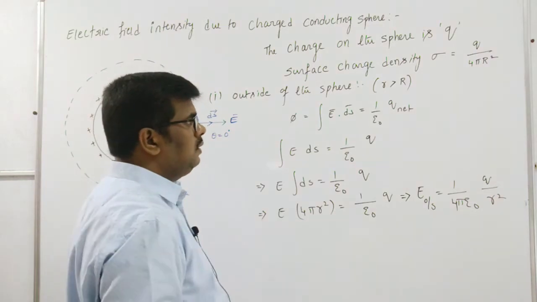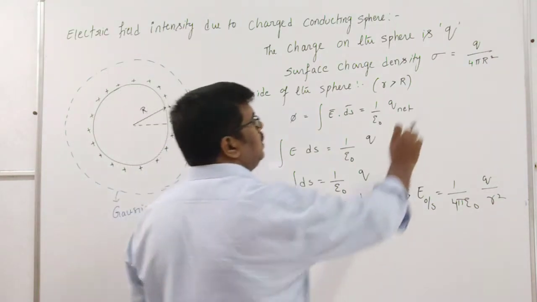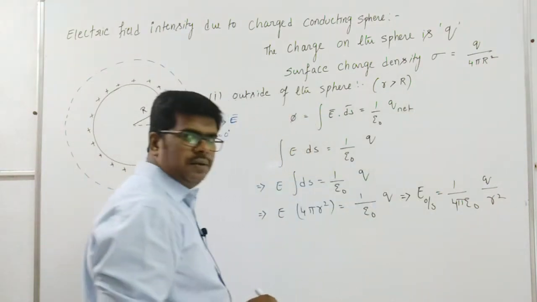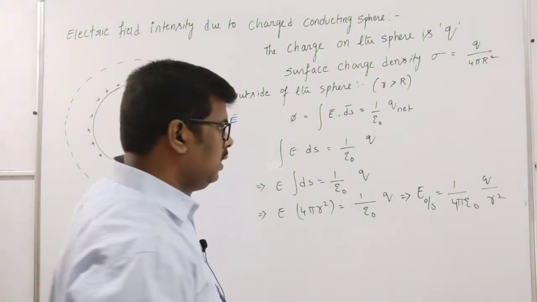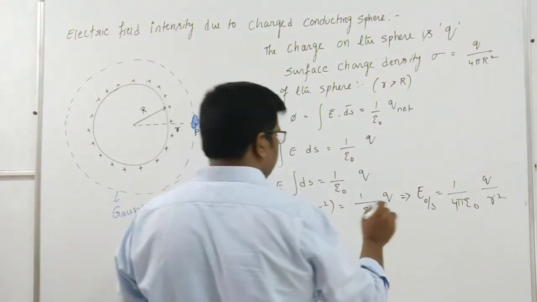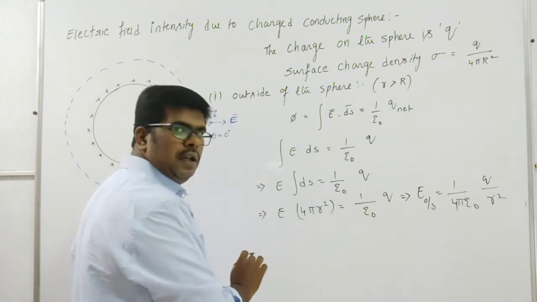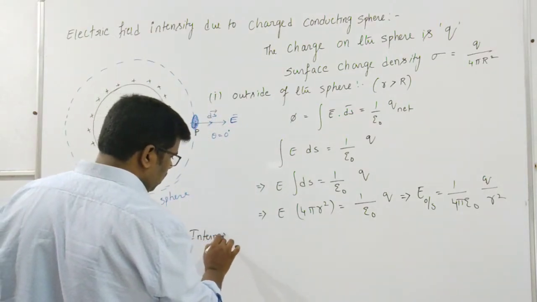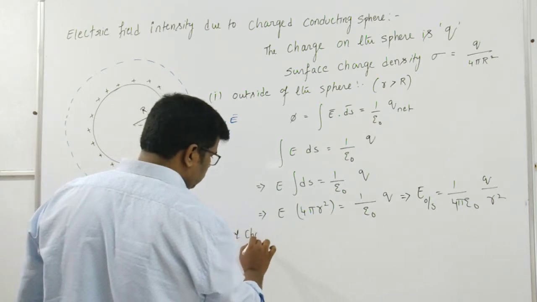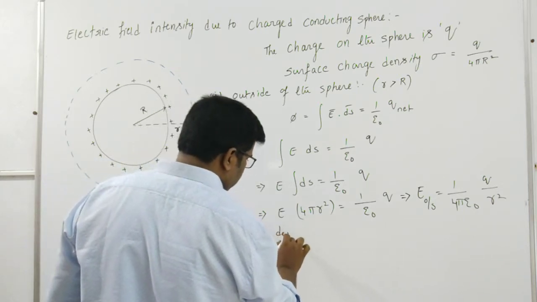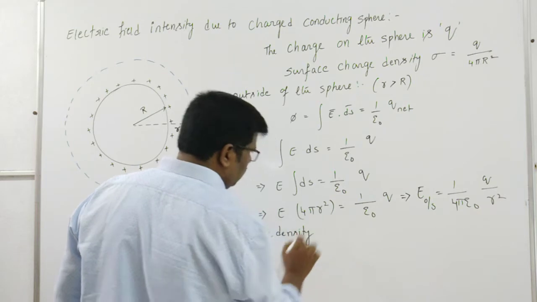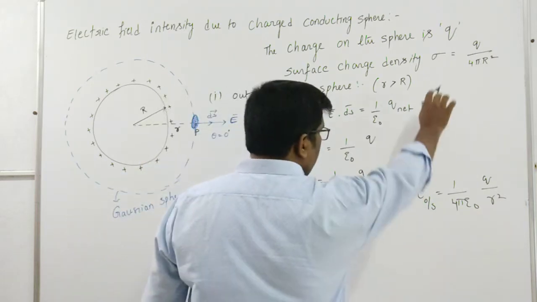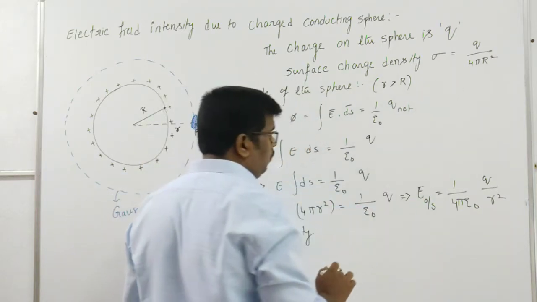We can write this expression in terms of charge density also. In terms of charge density, we have q equal to sigma into 4 pi R square.